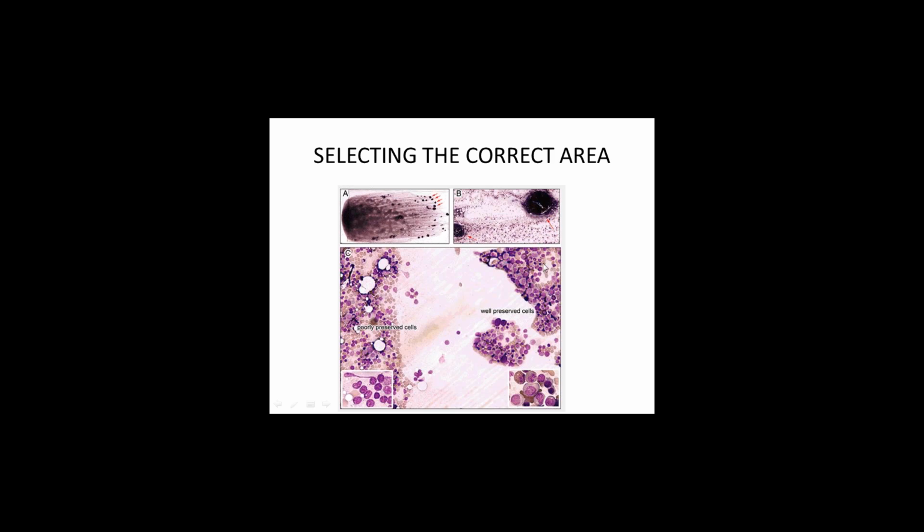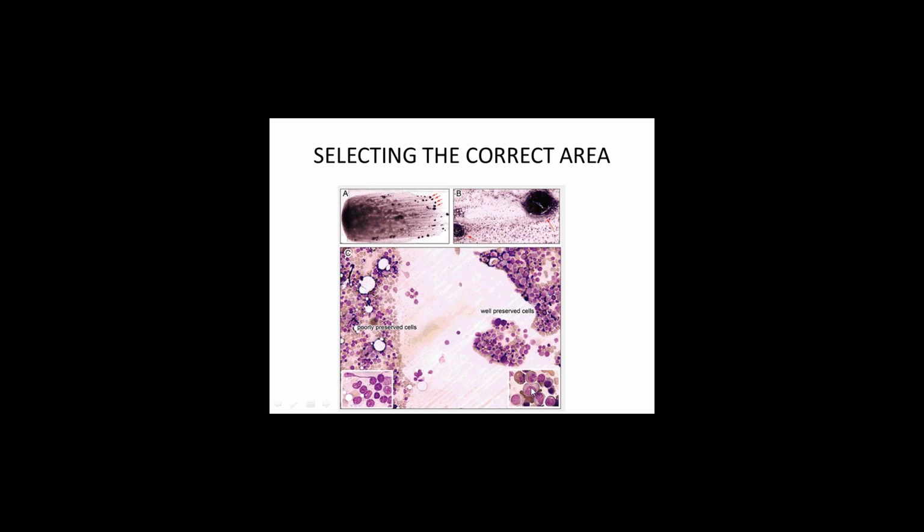Now, before counting a cell trail, we should again choose an area where cells are very well preserved. Looking at low power, both of these areas look the same. But when seen at a higher power, this one shows only bare nuclei. No cytoplasm is seen here.